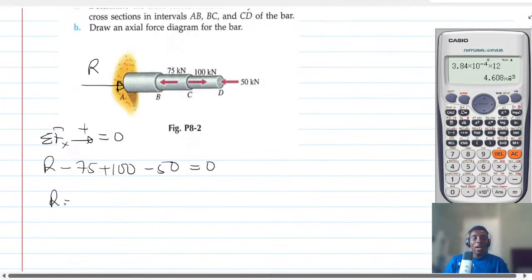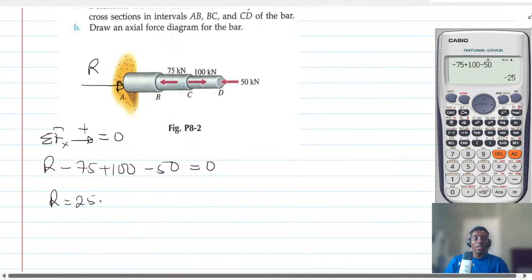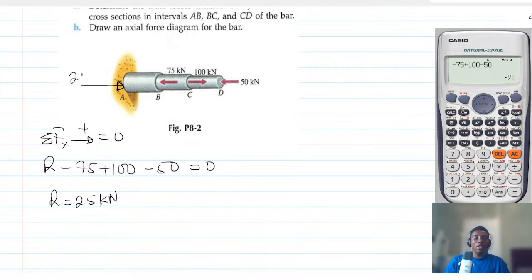So what then will be R? R will be minus 75 plus 100 minus 50, so R will be minus 25. I'm sorry, R will be 25 because I will bring it here. Kilonewton. So over here we have 25 kilonewtons for the R.